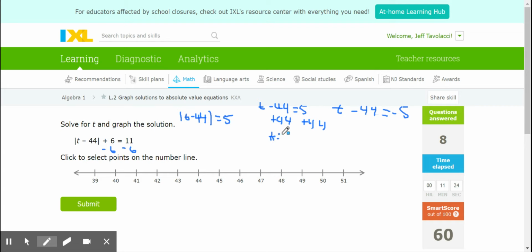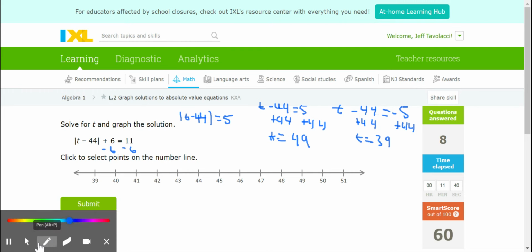So t is equal to 49. And over here, it's 44 minus 5, so we're going to get 39. Okay, and those are going to be our two cases, 39 and 49.